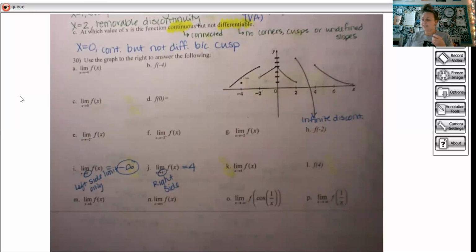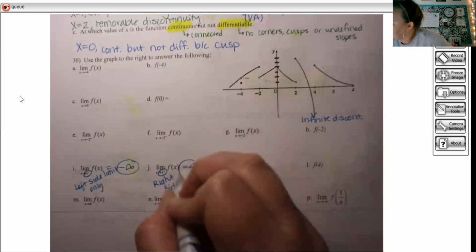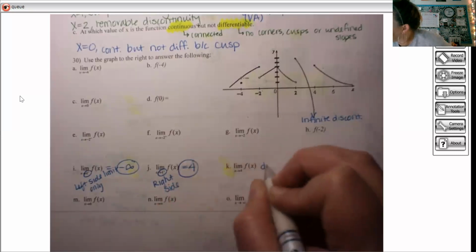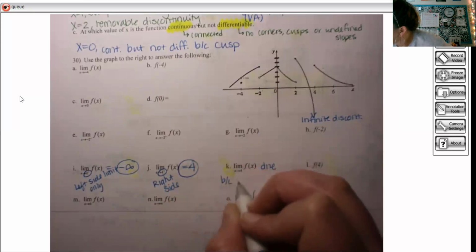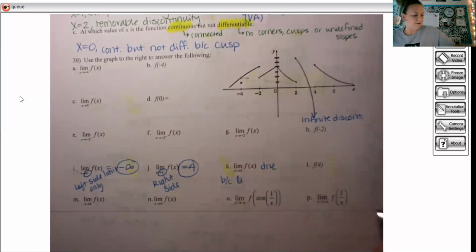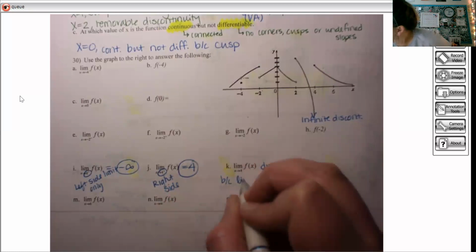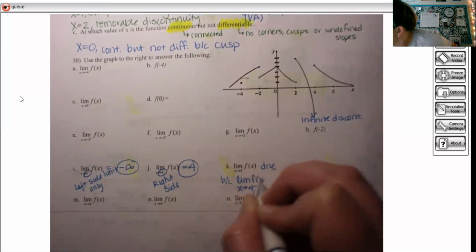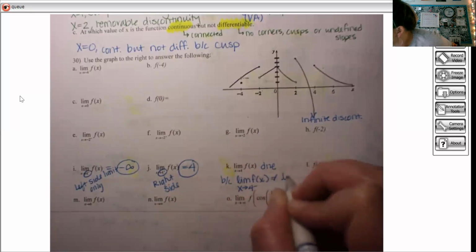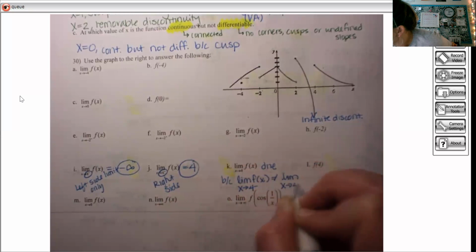All right, take a look at K. K says, as x approaches 4 for f of x, what's my limit? Well, if my left side is infinity, but my right side is 4, that means that this limit is a DNE. Why? Because the left and the right are not the same. The limit as x approaches 4 from the left is not equal to the limit as x approaches 4 from the right.